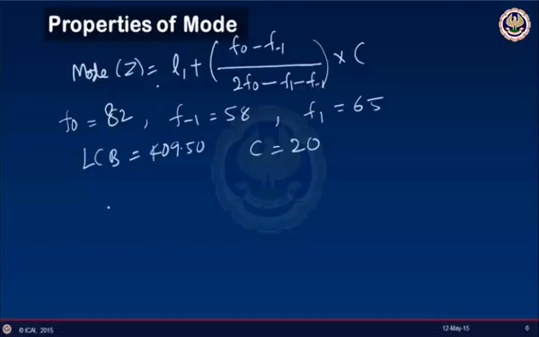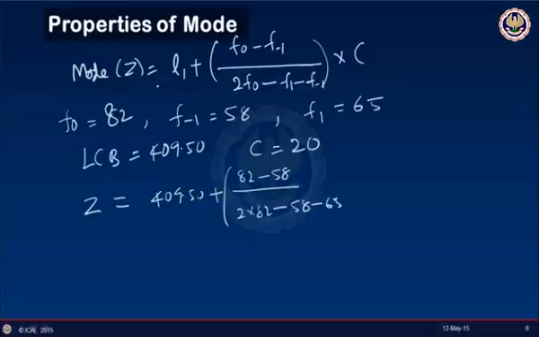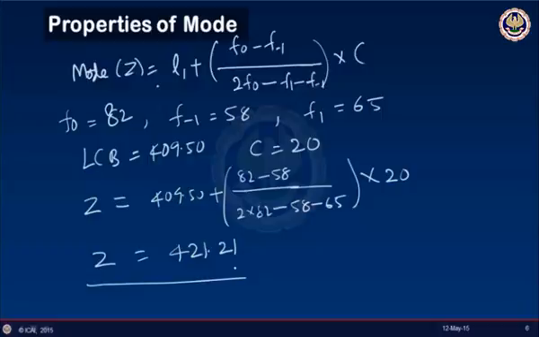Applying the formula, mode equals 409.5 plus 82 minus 58, divided by 2 into 82 minus 58 minus 65, into 20. After simplifying, this becomes 421.21.